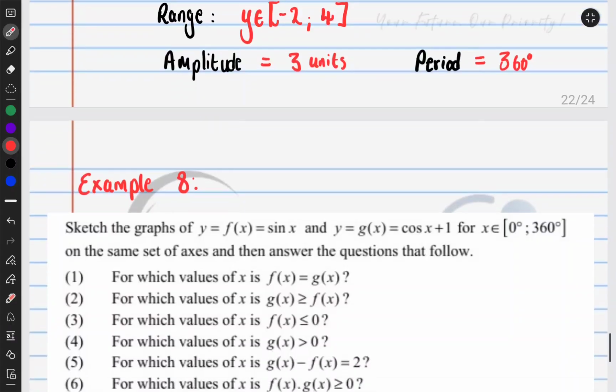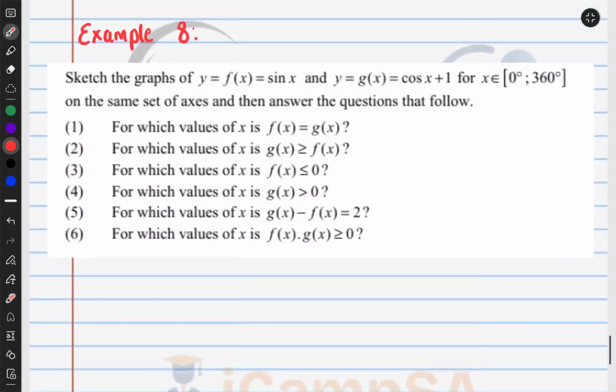Okay, let's go to another example. Example number 8. This one, we'll sketch the graphs and then we interpret them.